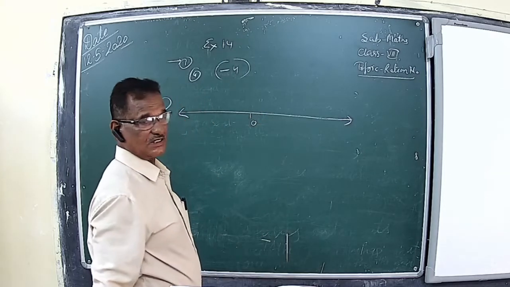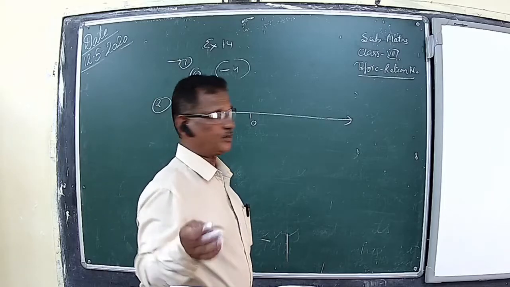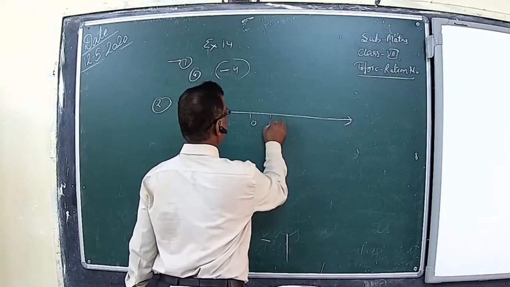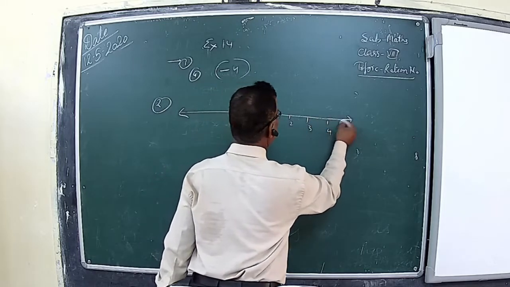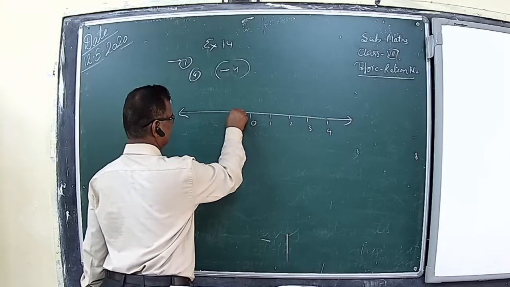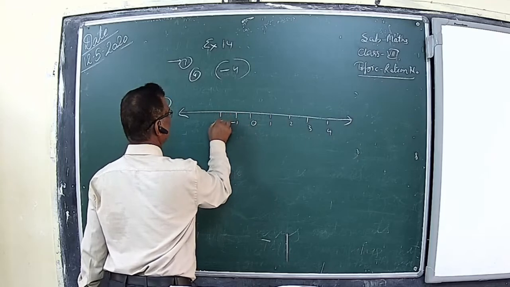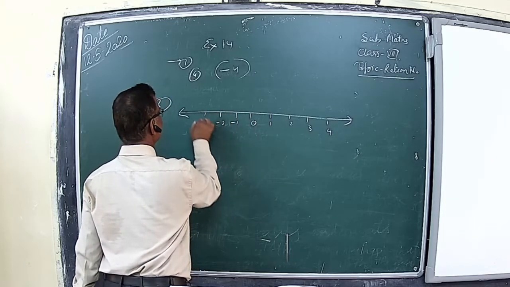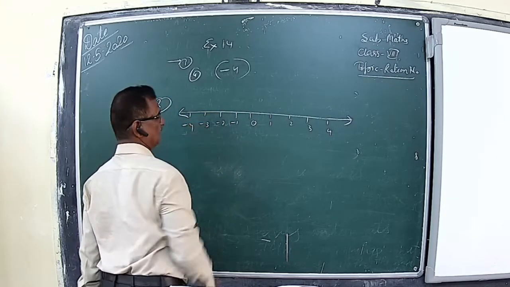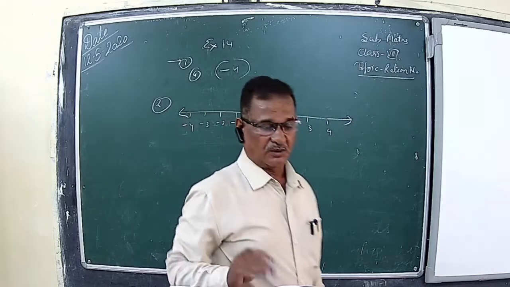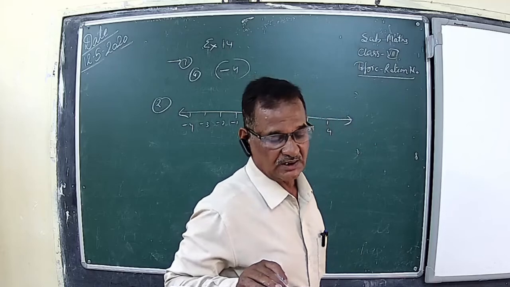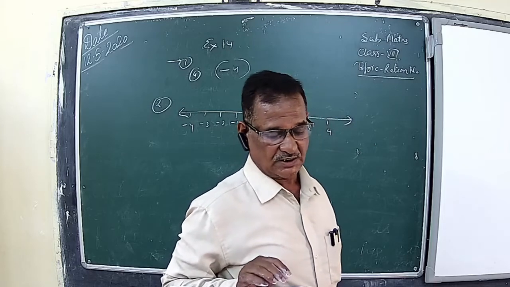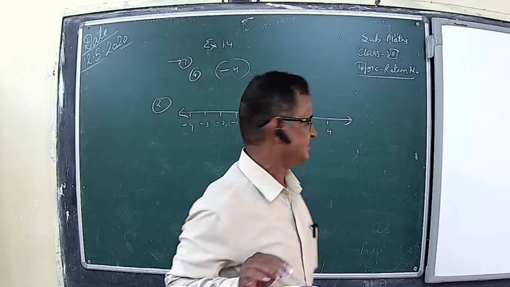Right of 0 are plus 1, 2, 3, 4, 5 etc. and left side -1, -2, -3, -4 etc. Now here the given number is between 1 and 2, and the distance between 1 and 2 is divided into 4 equal parts.